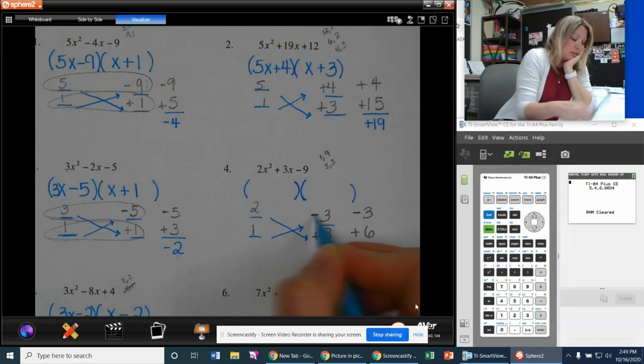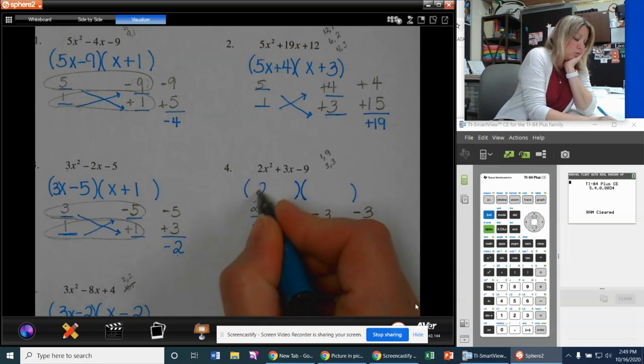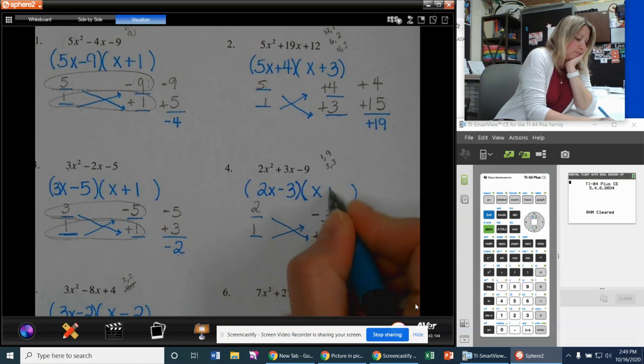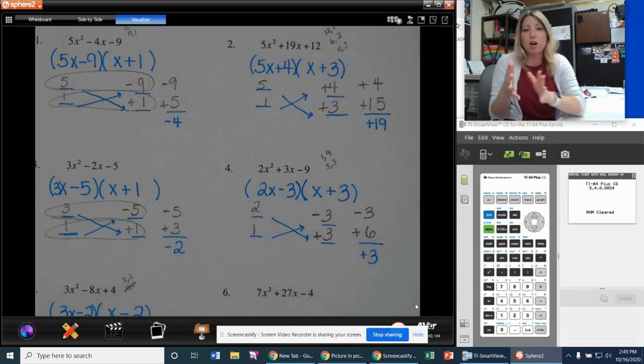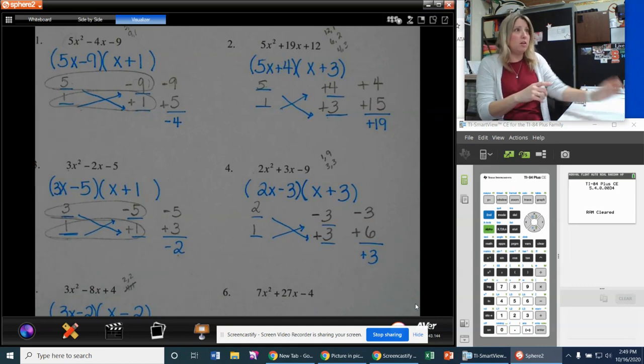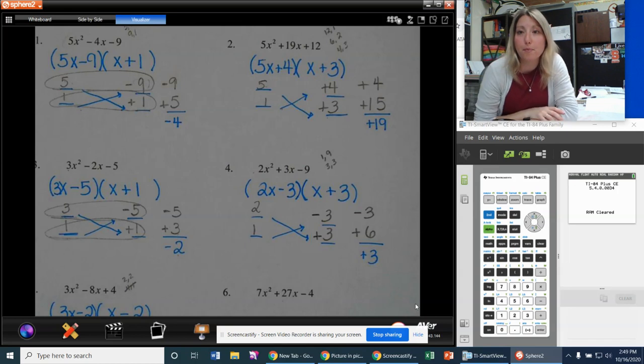So put the negative in front of that and then fill straight across. So 2x minus 3, 1x plus 3. And that fill straight across reason is because when you're doing the binomials here, they're cross multiplying when you FOIL. And so that's why we do that cross multiply in that particular sense. Okay?